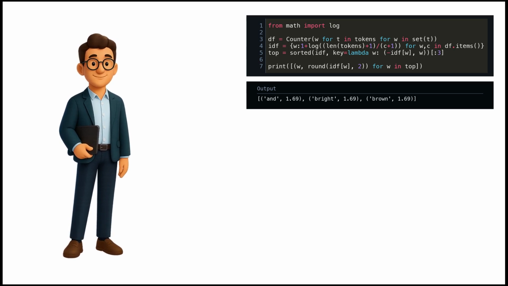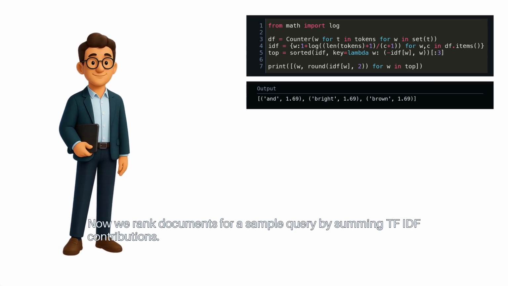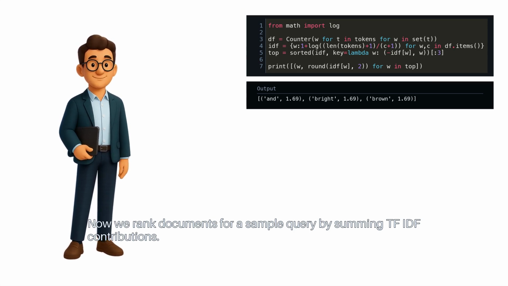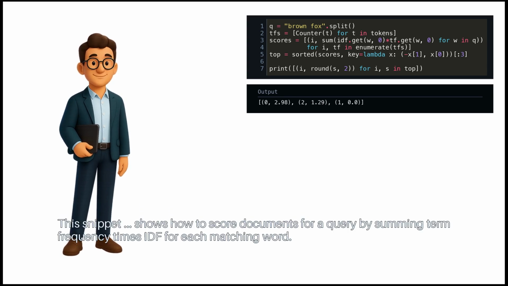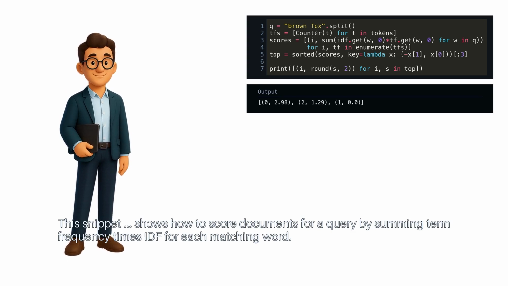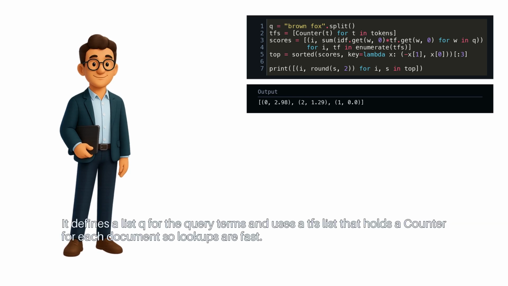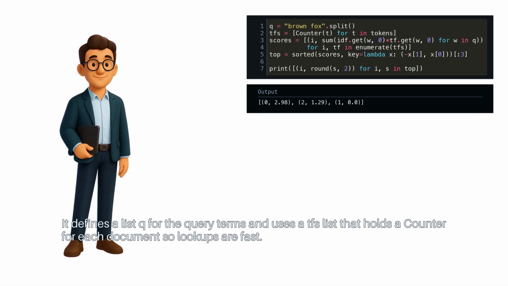term frequencies. Now we rank documents for a sample query by summing TF-IDF contributions. This snippet shows how to score documents for a query by summing term frequency times IDF for each matching word. It defines a list q for the query terms and uses a tfs list that holds a counter for each document, so lookups are fast.